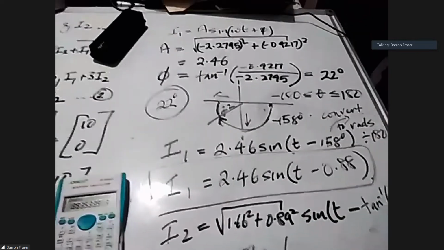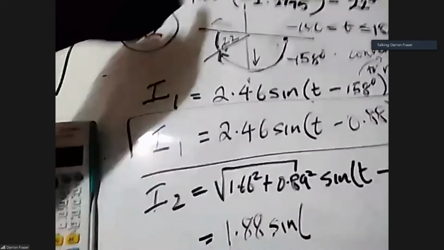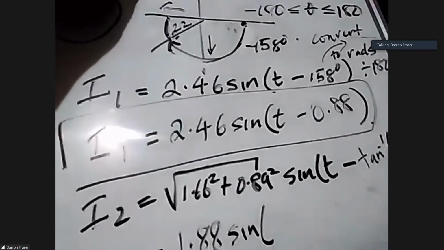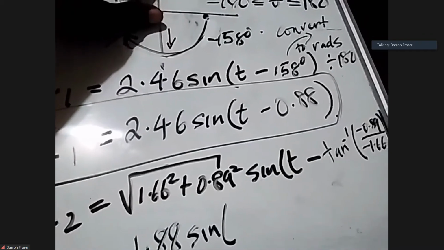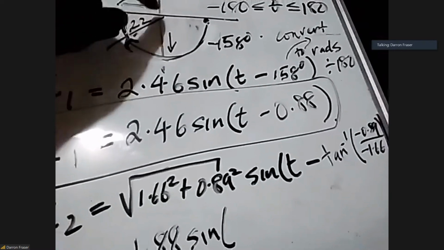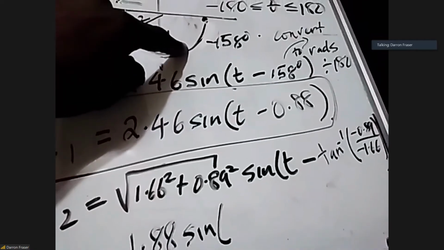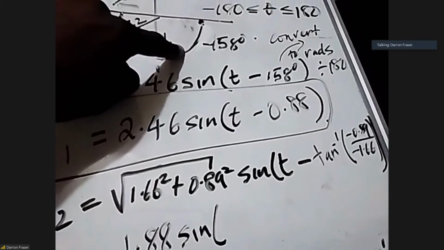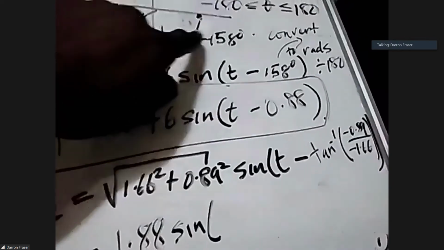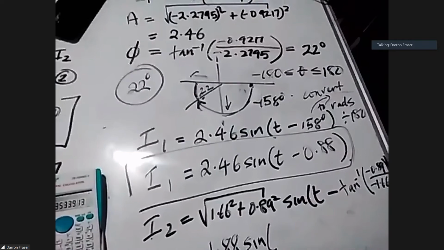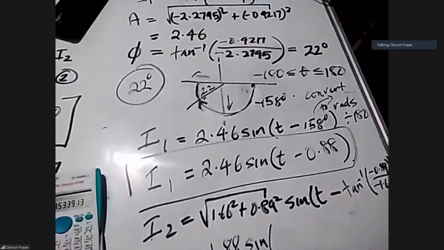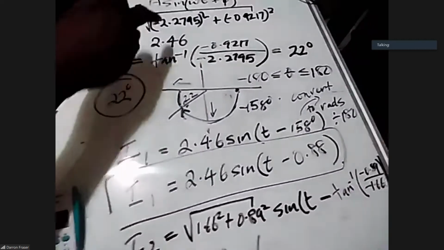We're not changing it, because if we change this to positive, the 2.46 won't be affected, but this angle will be, because it would now mean the y value is negative and the x value is positive, so the angle would be 22 degrees in a different quadrant. All right, for the purposes of the recording, let me say that this is positive.